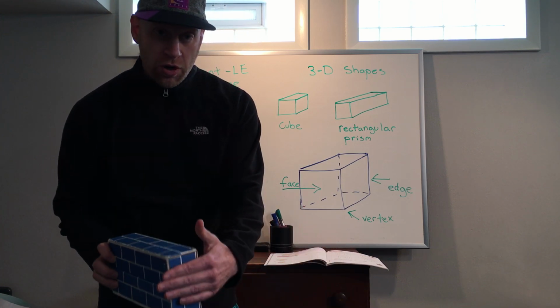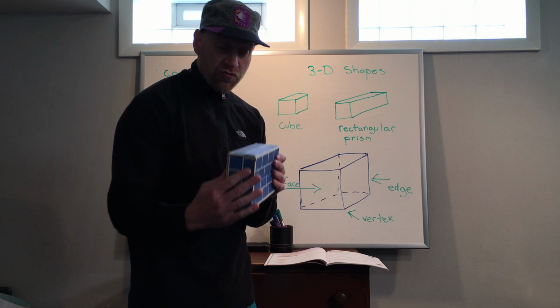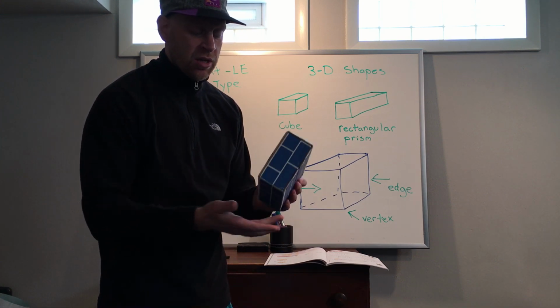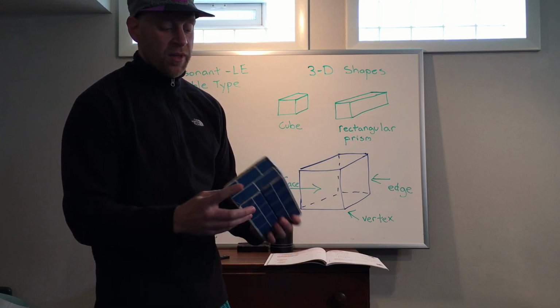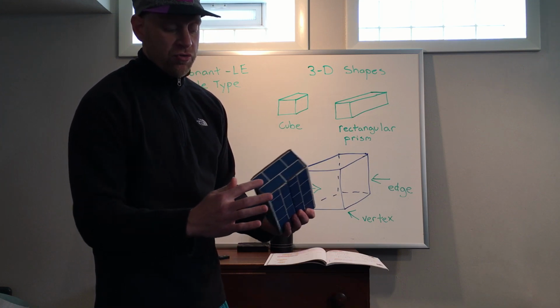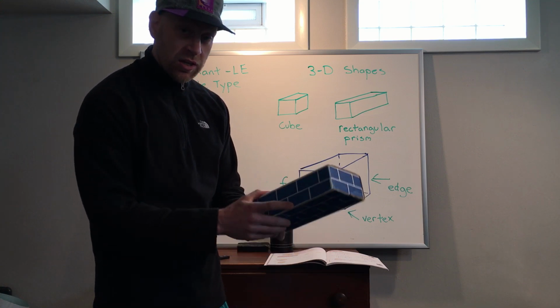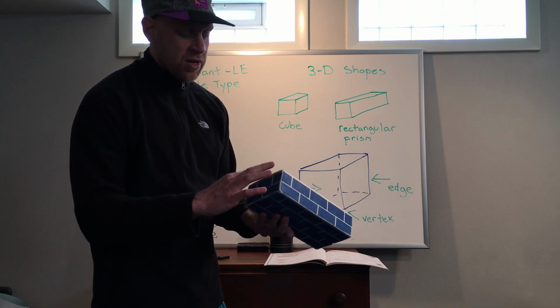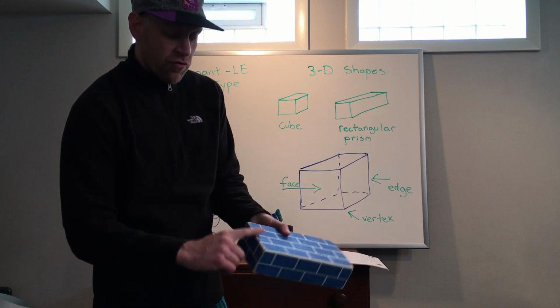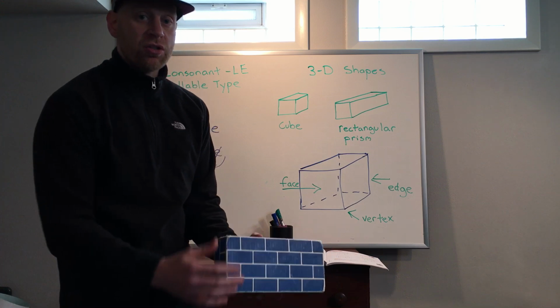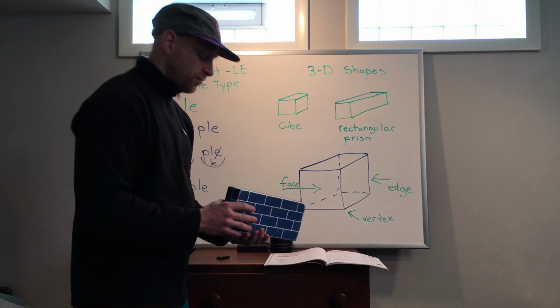So we have 4 on this side plus 4 over here, so that's 8, 9, 10, 11, 12. So 1, 2, 3, 4 edges, 5, 6, 7, 8 edges, 9, 10, 11, 12. These things between the faces are called the edges.